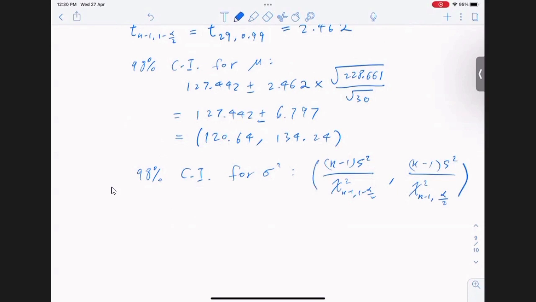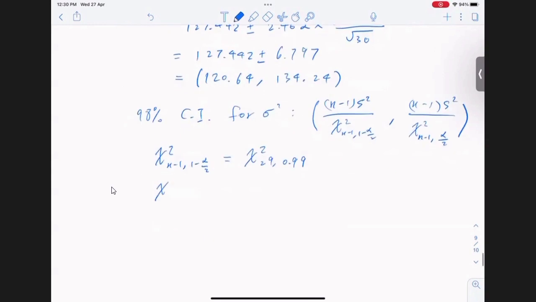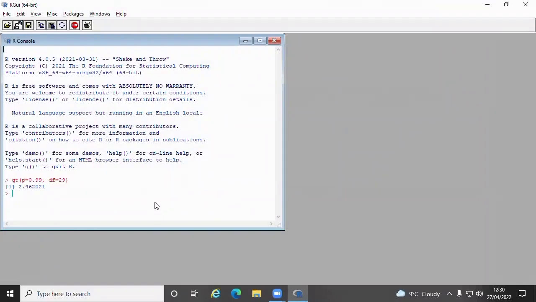So we have the sample size, we have the sample variance, and what we need will be just the quantile. Both of these can be obtained from the chi-square distribution table or by using R.